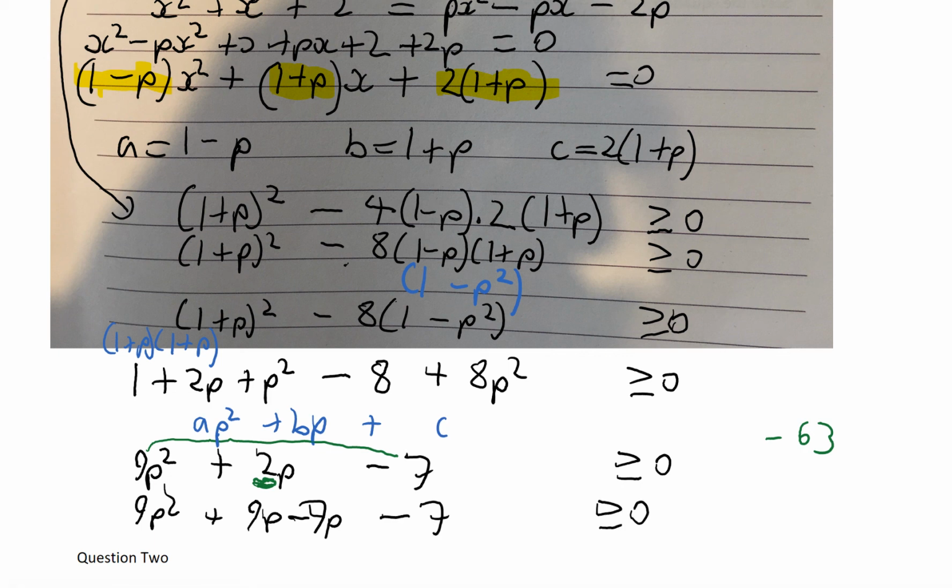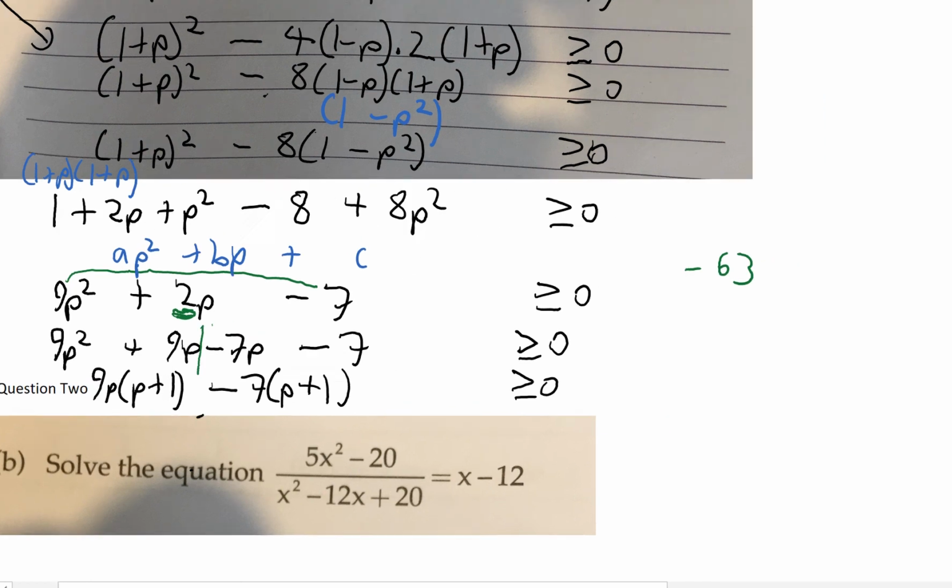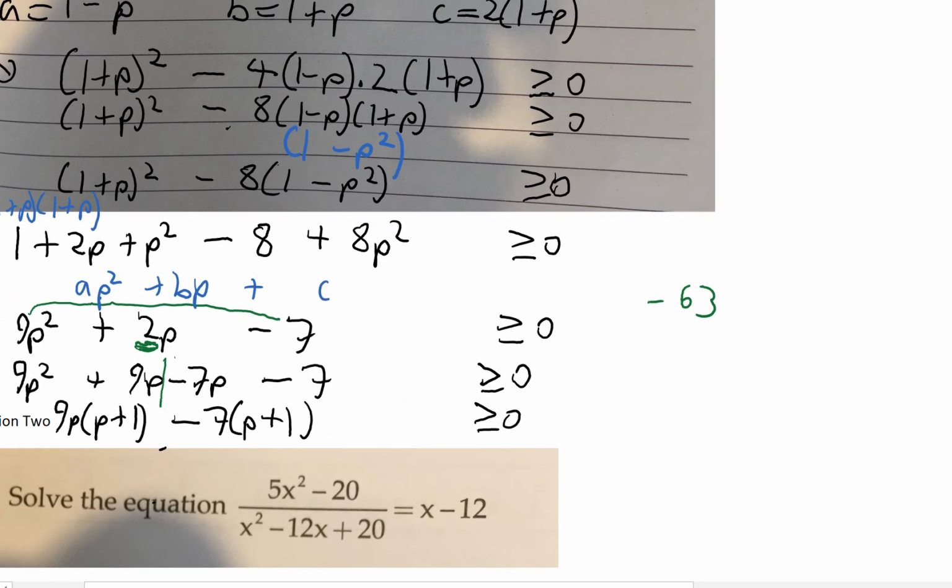Right, I'm just going to tidy that writing up a bit. Right, and factorising these parts separately, I get what? 9p times (p plus 1). And then over to the other side, it's going to be minus 7 times (p plus 1). And then we'll just move up here, start a new column.